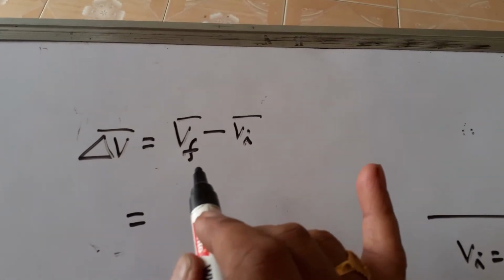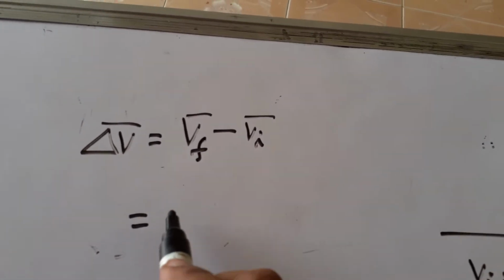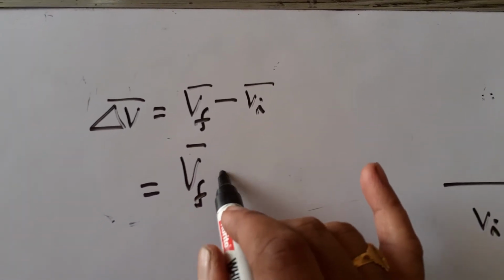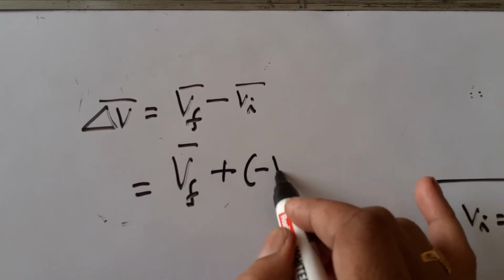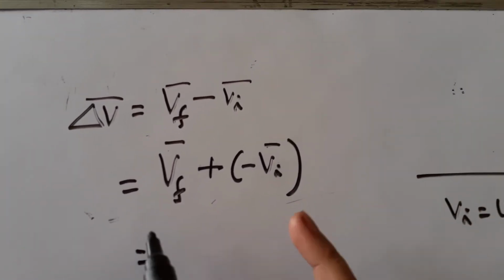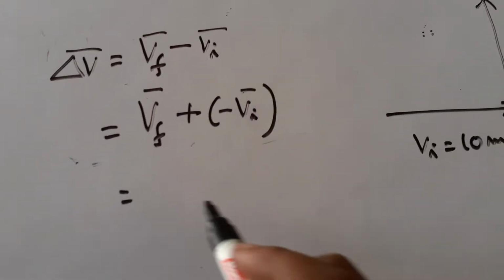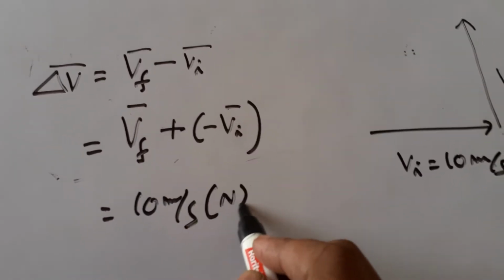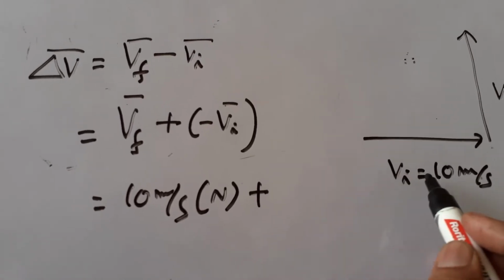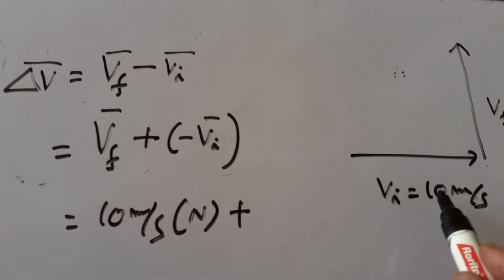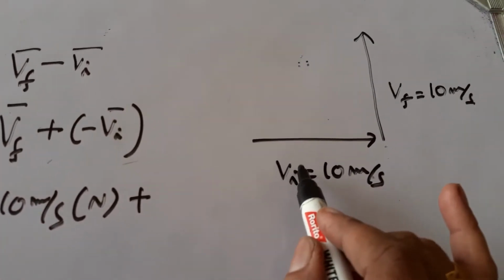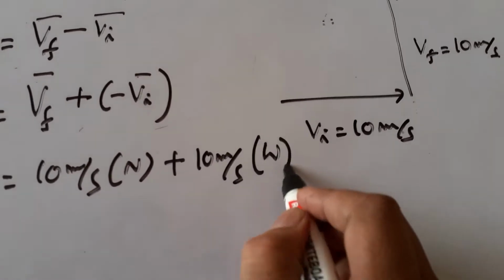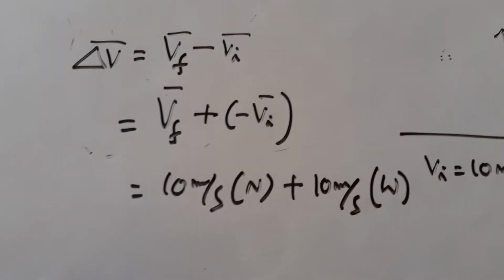Subtraction is nothing but addition with reverse direction. That means Vf bar plus minus of Vi bar. That is the subtraction meaning. So final 10 meter per second north, plus this one you have to reverse because of the minus Vi. This is Vi, so 10 meter per second west. It is reversed, meaning west.